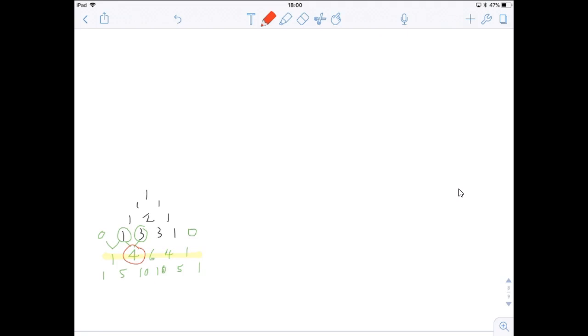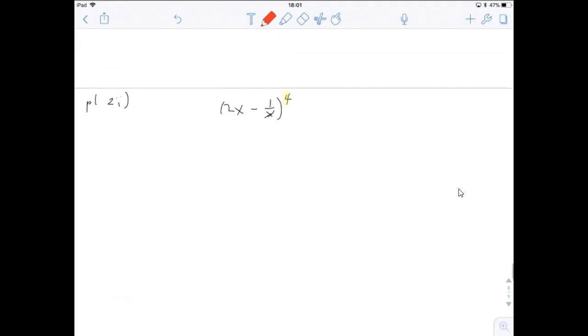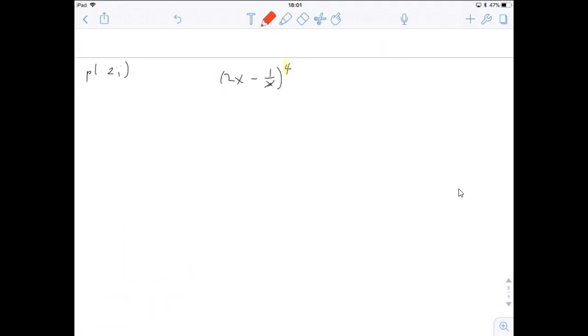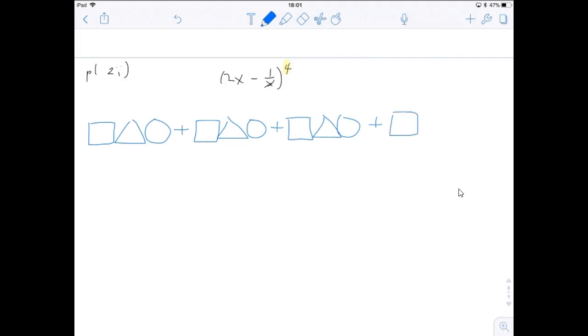Okay, so next thing you're going to do whenever you have a binomial expansion problem is make a little train. The train is going to look like this: square, triangle, circle, plus, square, triangle, circle, plus, square, triangle, circle, plus, square, triangle, circle, plus.